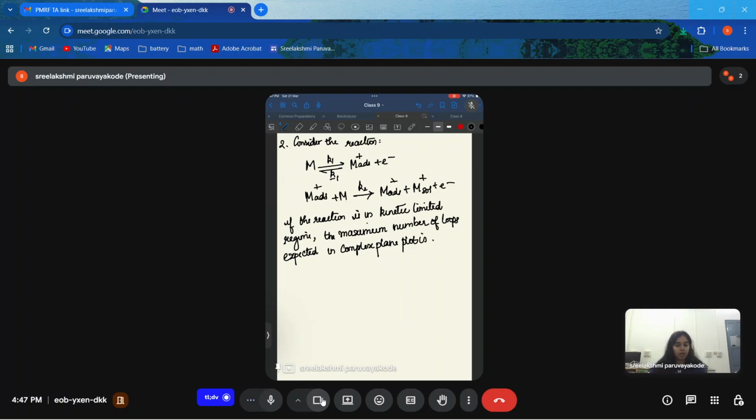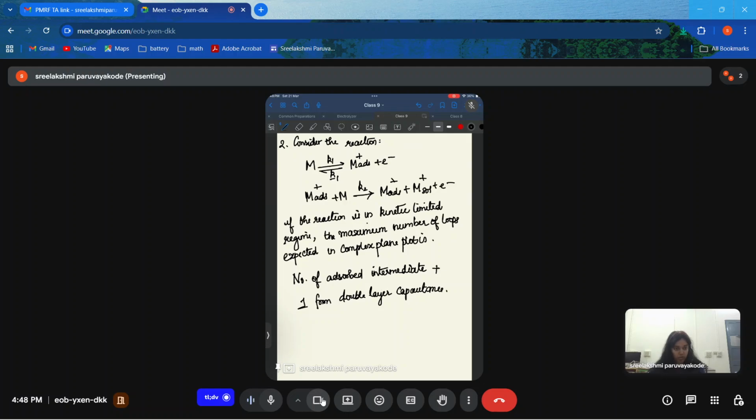you know that the number of loops will correspond to one from the number of adsorbed intermediates, and one extra loop from the double layer capacitance.